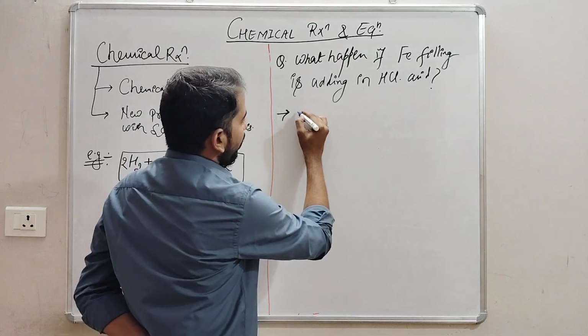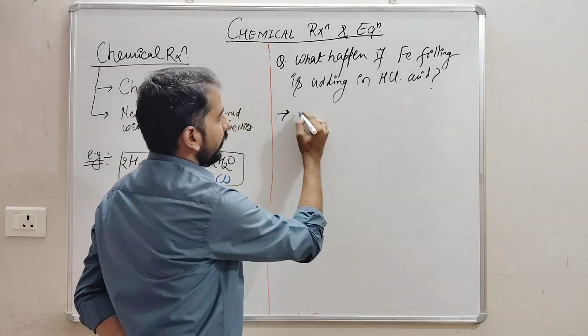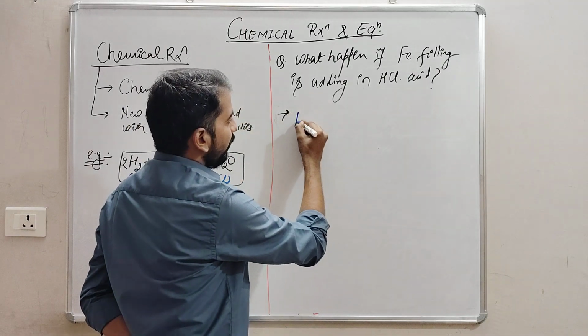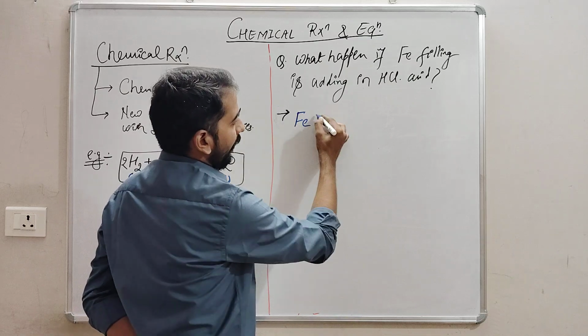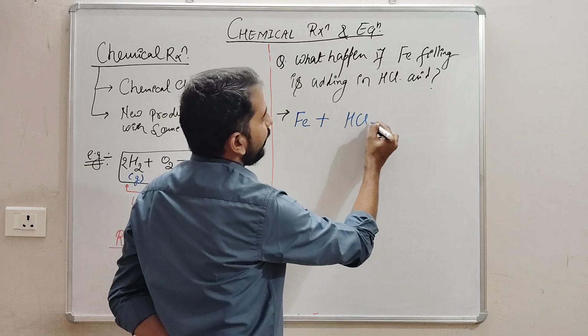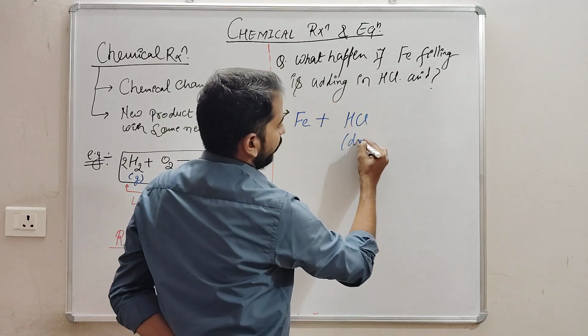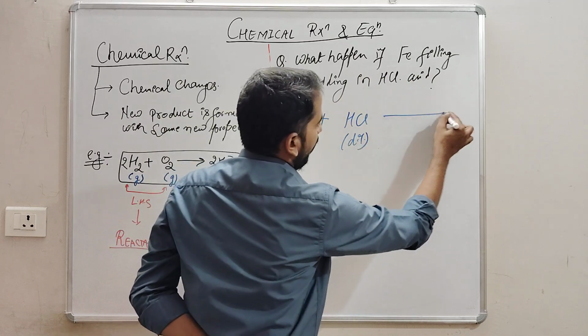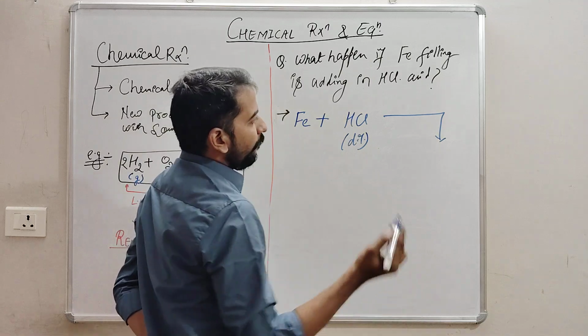We already have the zinc reaction. So here at the place of zinc, what are they taking? Iron plus HCl. I think they have said dilute HCl. So dilute HCl they are taking. And now what will form?